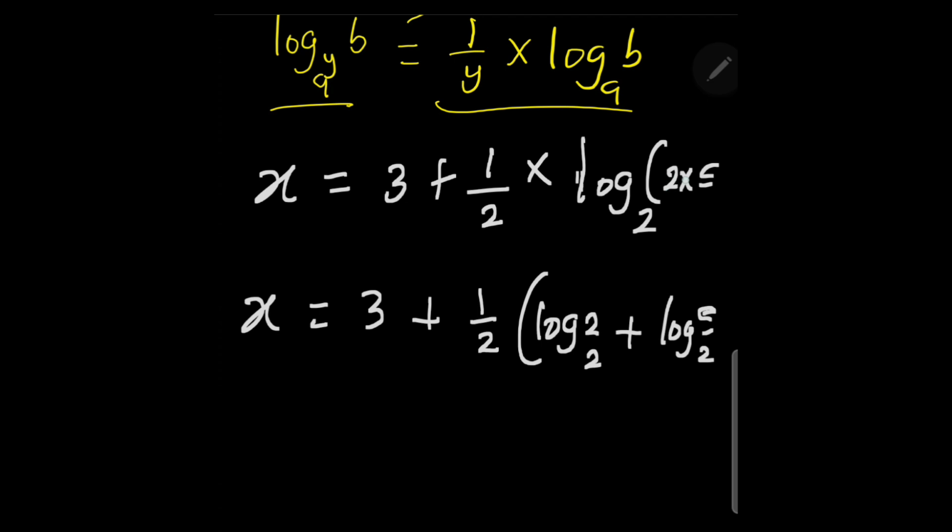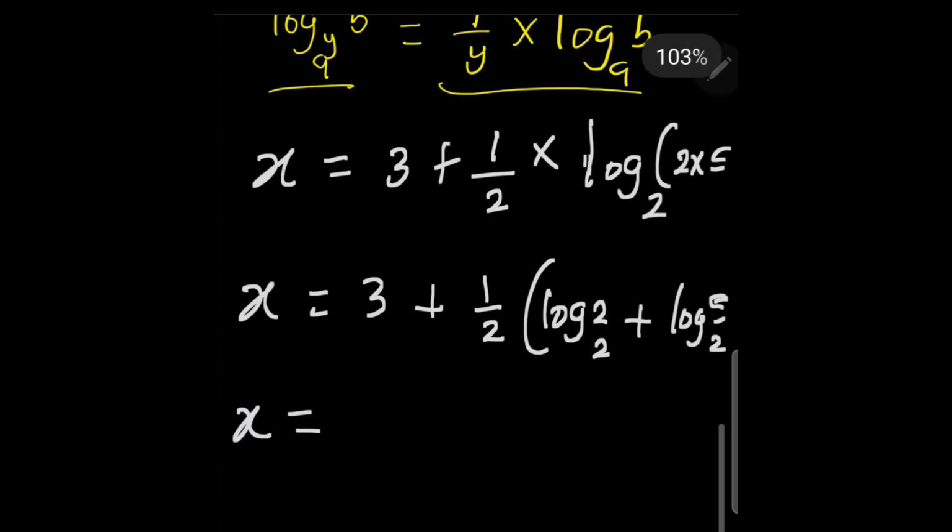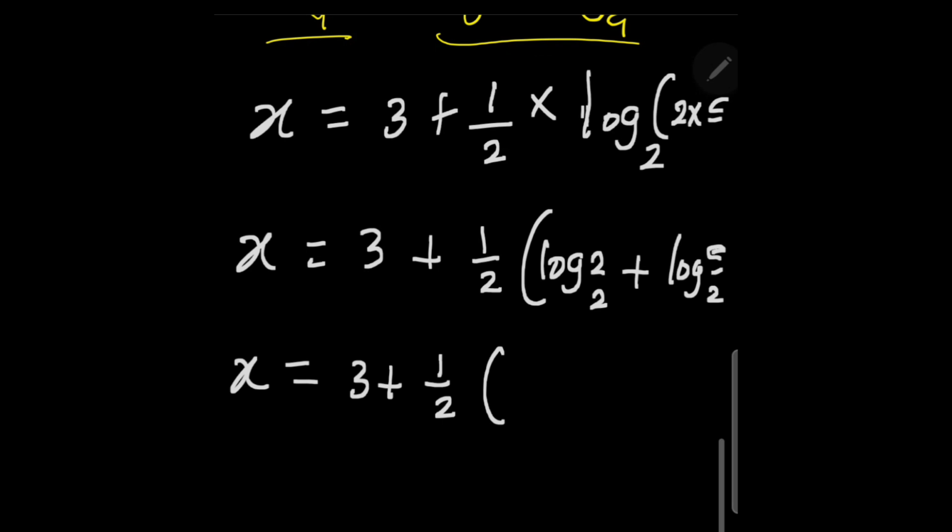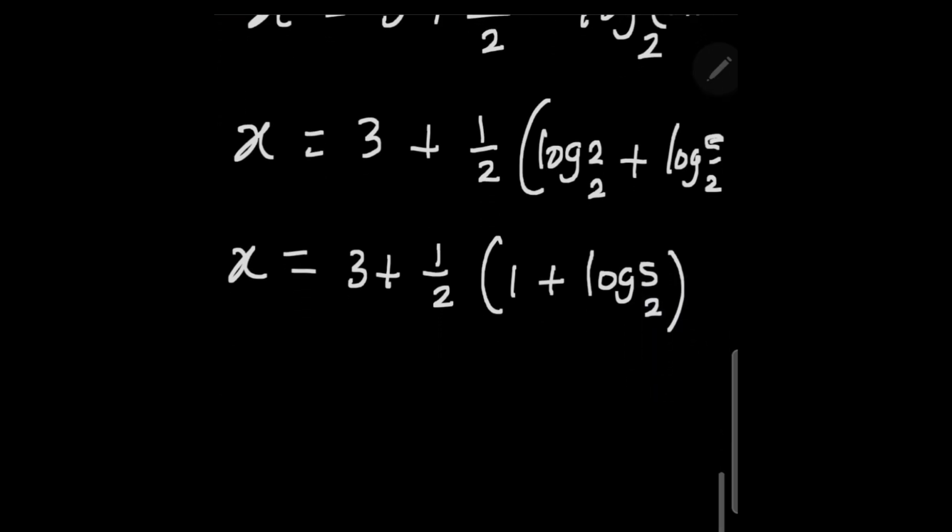Since there's multiplication here, it's going to change to addition, but both of them are going to take the base of 2. So now we're going to have x equal to 3 plus 1 all over 2 into the bracket of log of 2 to the base of 2, which, since 2 and 2 are the same, is going to be 1, then plus log of 5 to the base of 2.